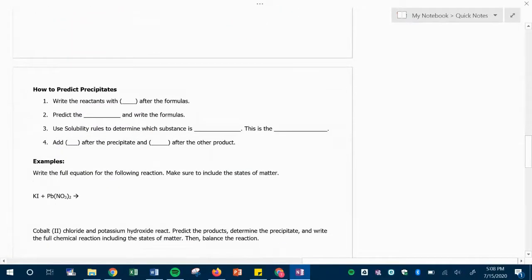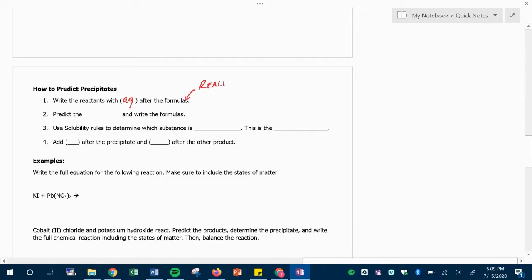As we're looking at reactions, we have a couple of steps. The first step is to always write the reactants with AQ after the formulas. This part is important because when we're predicting precipitates, the reactants, meaning the left side of the arrow, are always aqueous. That's something you should know. It's a time saver. You don't even have to check.